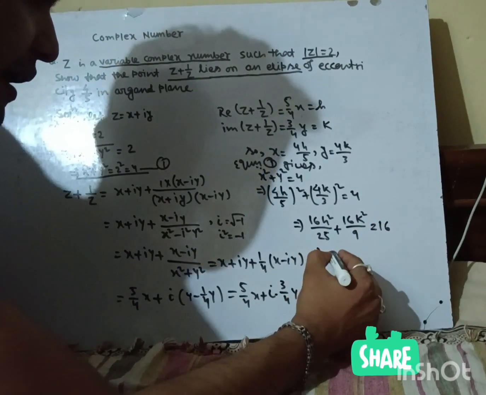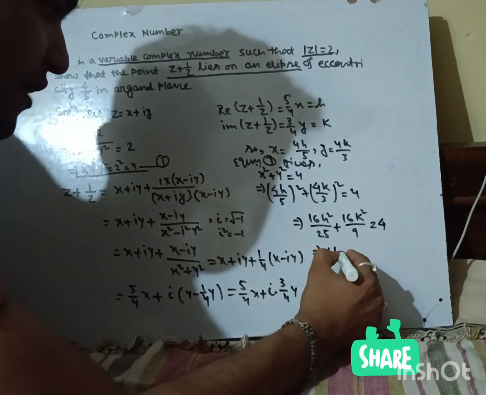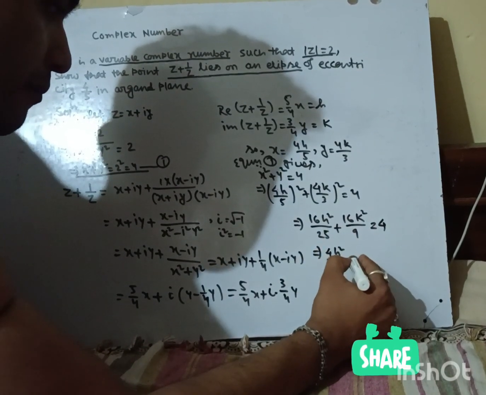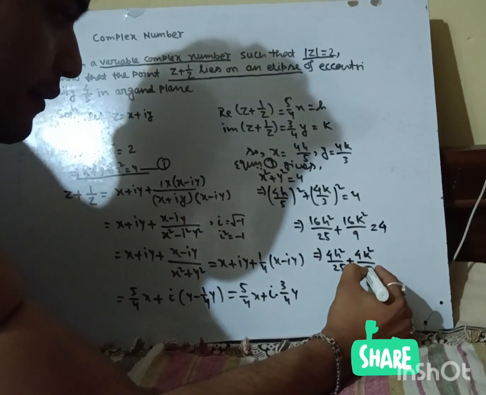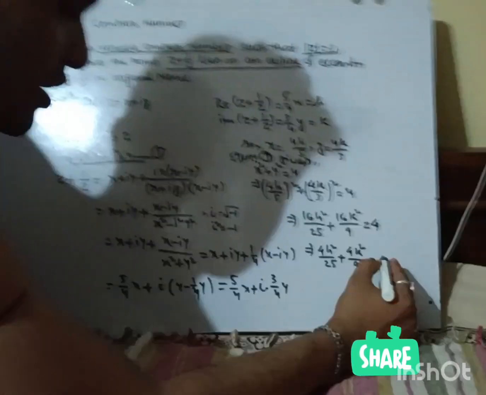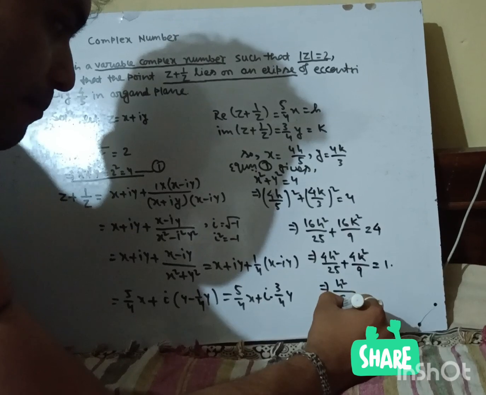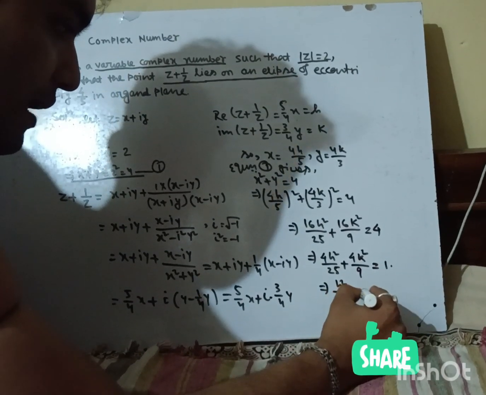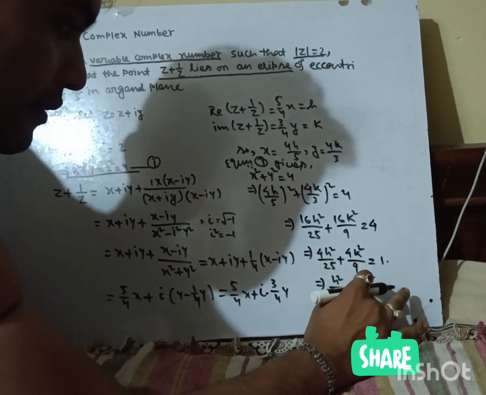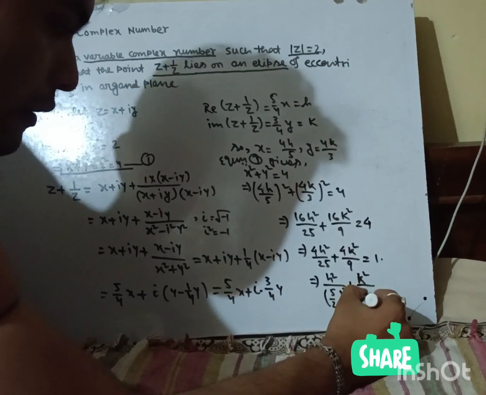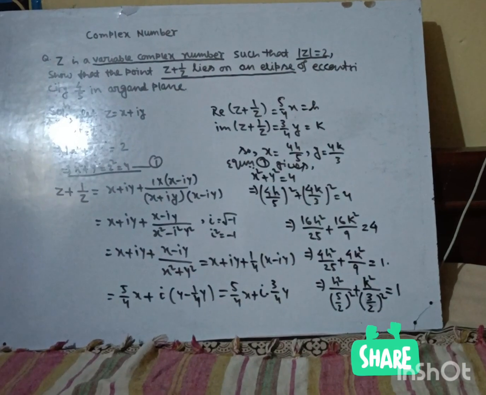That means 4h square by 25 plus 4k square by 9 is equal to 1. So h square by (5 by 2) square plus k square by (3 by 2) square is equal to 1. It is the equation of an ellipse.